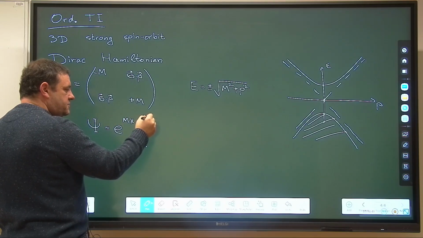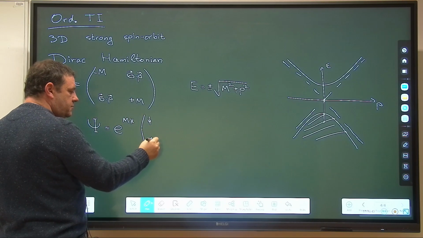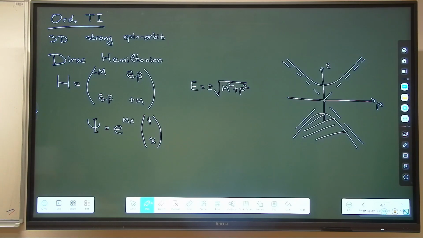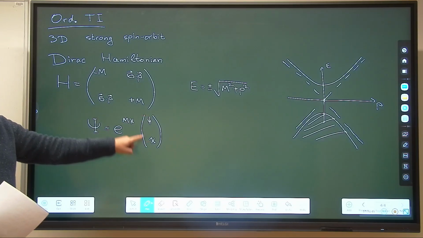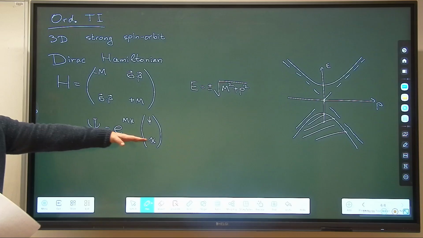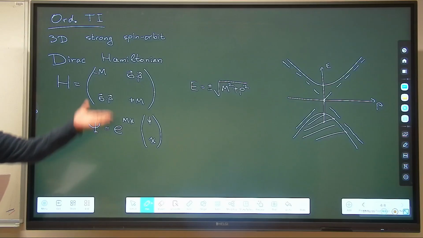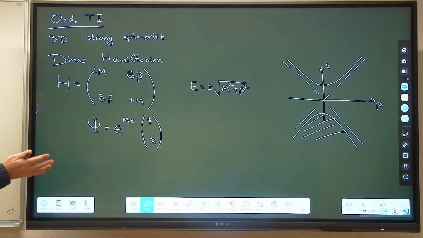So there is some spinor here, psi and chi. This is a small psi, this is a capital psi. This is just some constants. So I want to select these constants such that this whole thing is the eigenstate of this Hamiltonian. Let's try.